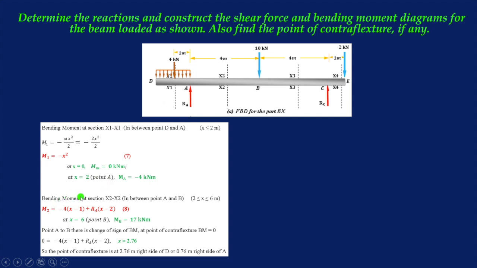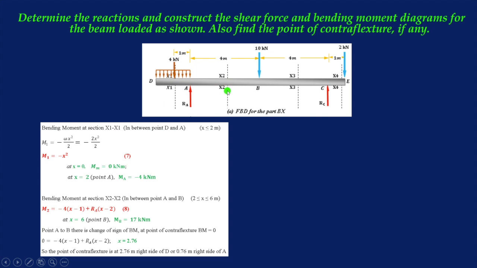Then bending moment in the second section. For this section, the forces are RA and this 4 kilonewton. The distance of the 4 kilonewton is x minus 1. From here, you have to measure the distance from this end, and this distributed load is working at the center.